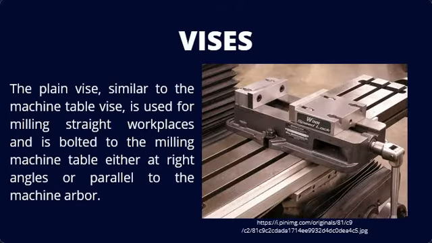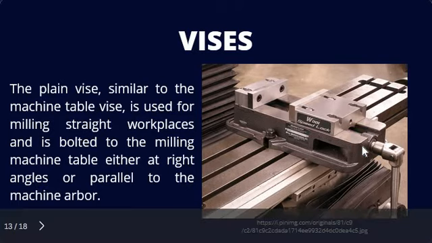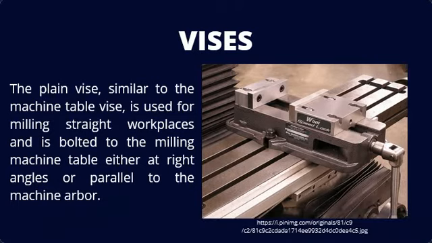The first attachment or accessories used in a milling machine operation are the vises. The machine table vise is used for milling straight workpieces and is bolted to the milling machine table either at right angles or parallel to the machine arbor.